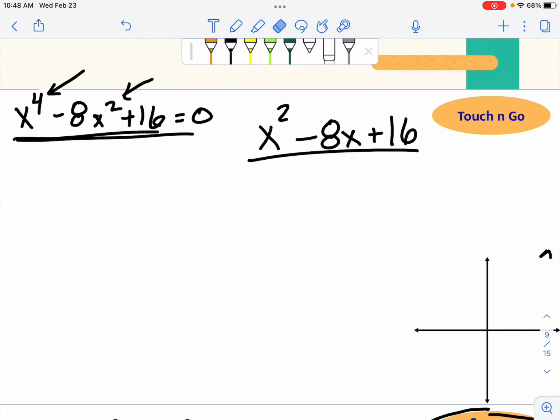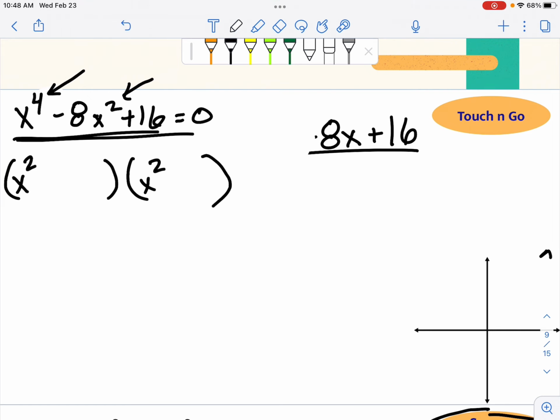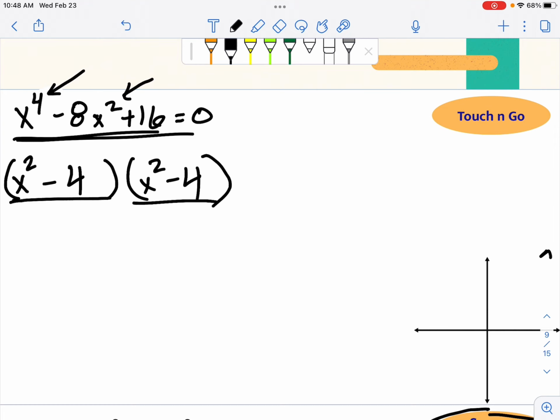The only difference is that instead of starting with just an x and x, we need to start with an x squared and an x squared. Other than that, we treat them the same. We still think about what can we multiply to get positive 16 and add to get negative 8. The answer would be negative 4. And then we look at these and say, all right, this is a difference of squares, so we can break it down even further.